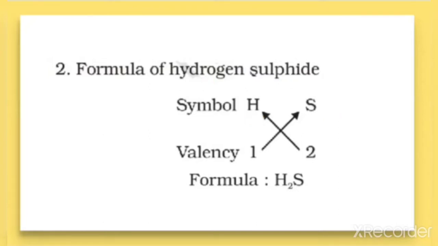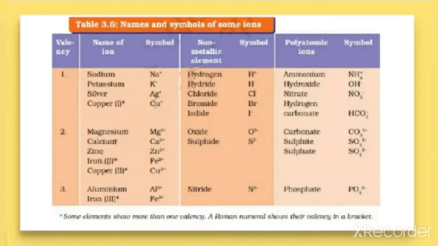Let us go through that table. In this you can find the valency of H, that is 1 positive, and the valency of sulfur in the form of sulfide ion, that is S2 negative. Hydrogen sulfide is H plus, S2 minus.